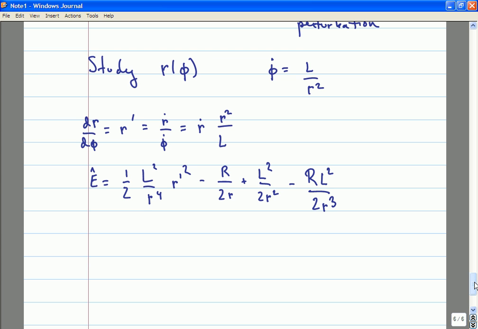We get 2r squared over L squared E hat is equal to r prime over r squared minus r over L squared plus 1 minus r over r.